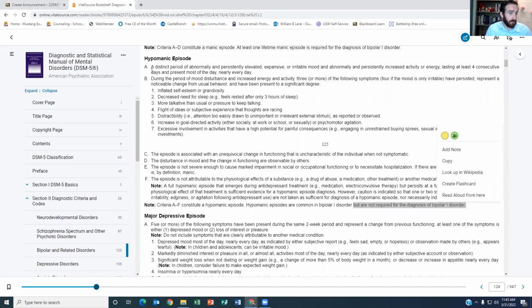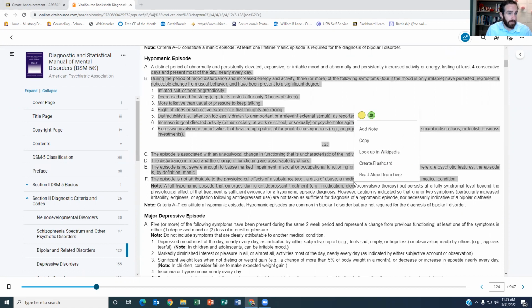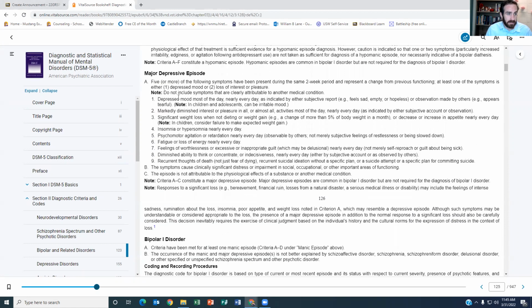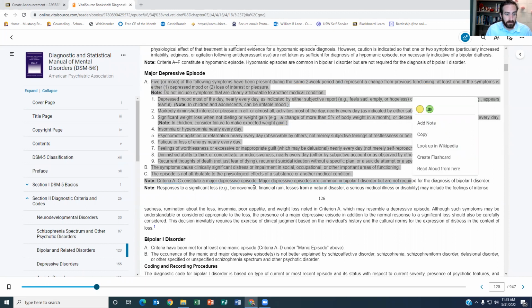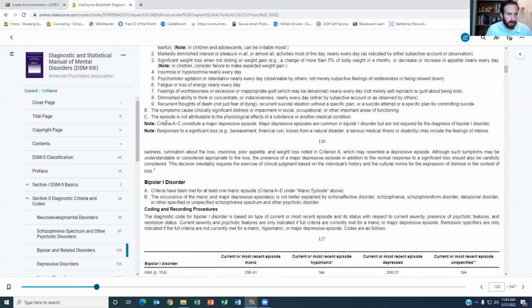So the client may or may not have a hypomanic episode, and it's the same with the major depressive episode. So it says that here in the notes as well. Right here, they're common, but are not required to provide the diagnosis of bipolar 1 disorder.